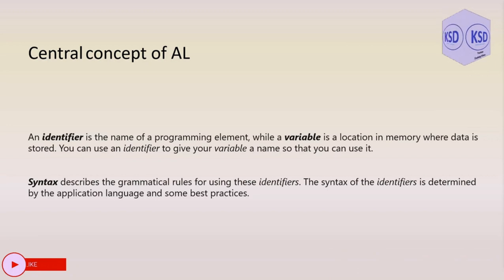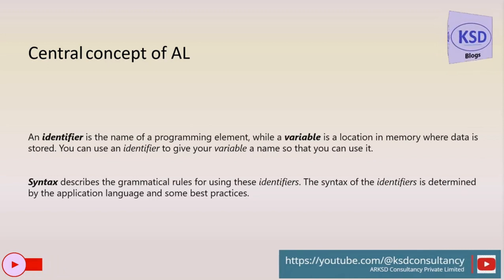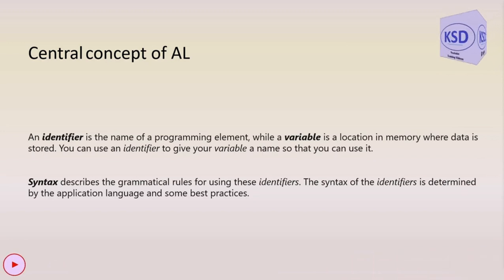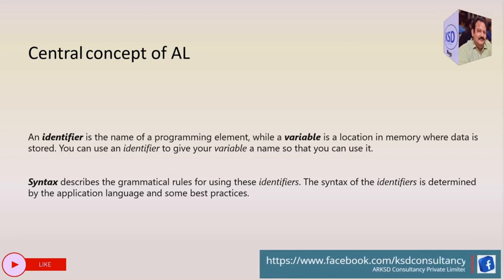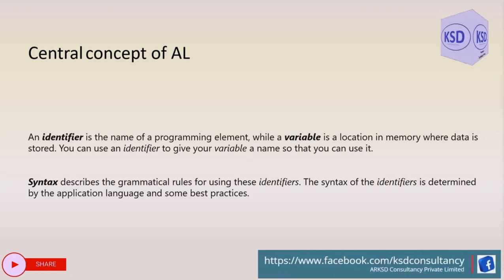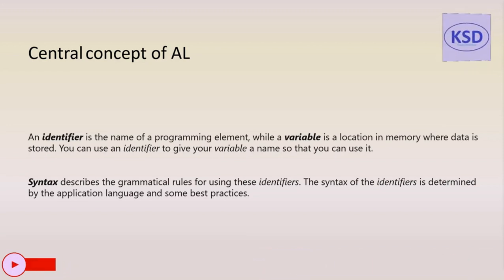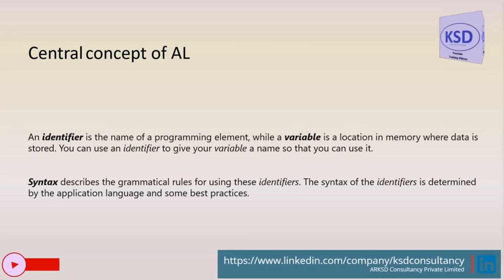So the syntax of the identifiers is determined by the application language, in our case the AL language, and some best practices. There are some best practices which you should follow to write your code, because you can communicate the same information to another person in different manners.